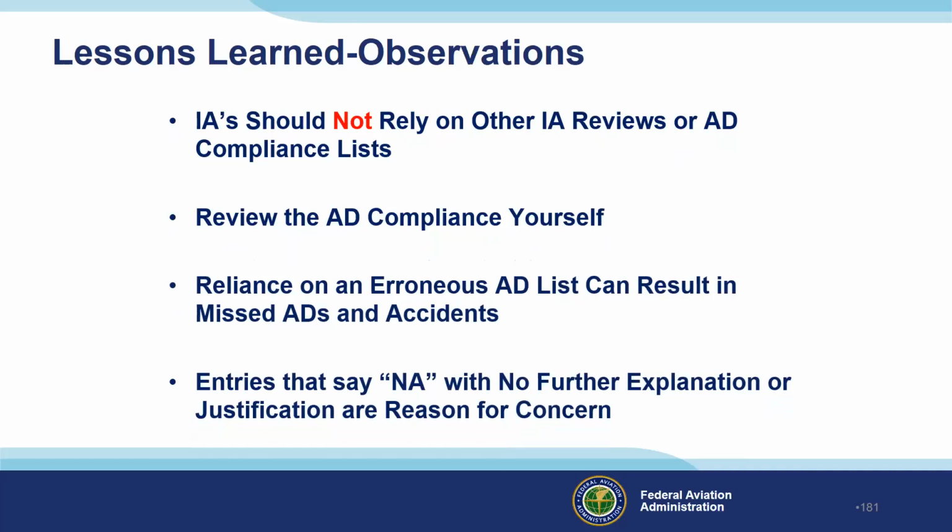Review the list yourself. Review AD compliance for yourself. Entries that say NA with no further explanation or justification are reason for concern. You want to know, why is it not applicable?